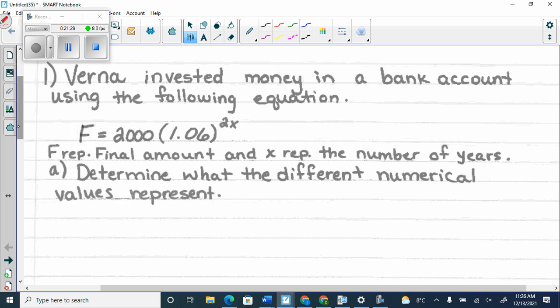What's the 2,000? How much? What's this represent? Yeah. How much she invested, right? How much she put into the bank account.